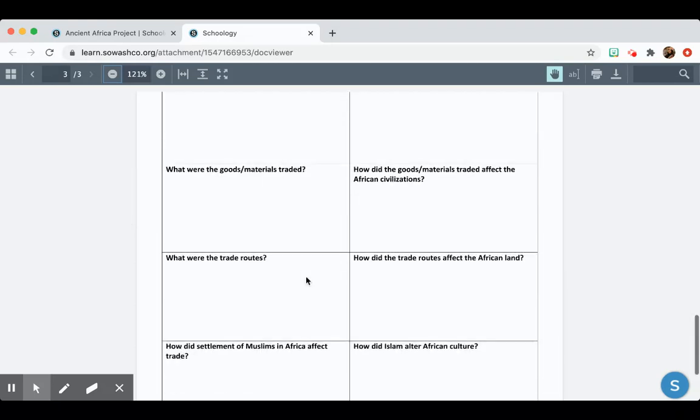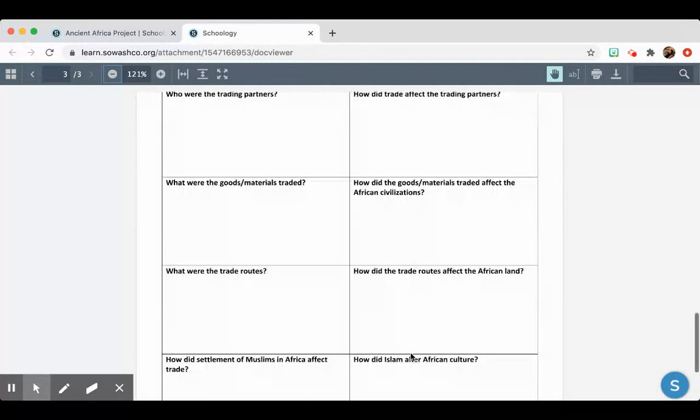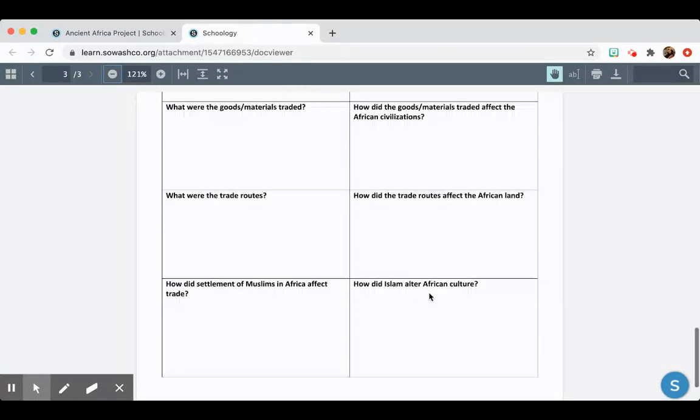You have 8 different boxes that you will be filling out. The first one is who are their trading partners? Okay, so who did Swahili states, Ghana, Mali, and Songhai all trade with outside of Africa? How did this trade affect their trading partners? What was traded? And how did these goods and materials affect African civilizations, as well as the trade routes and how it impacted the African landscape?